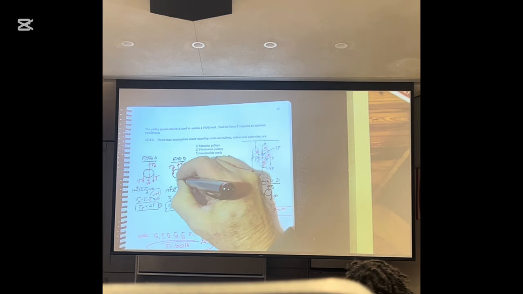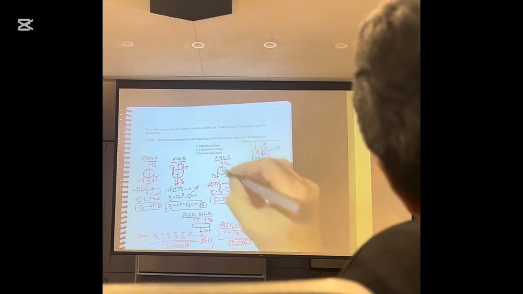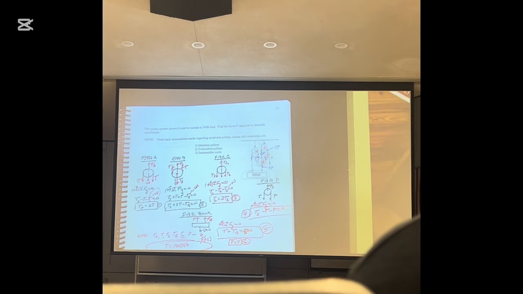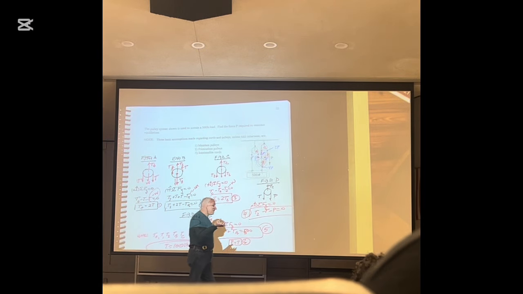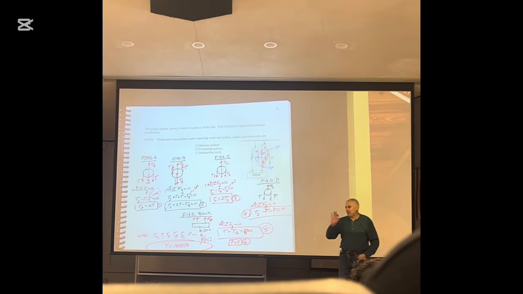If I have a weight here, I'd add minus W here. If I had a weight here, I'd add a minus W there. So that's how I can take into account weight. And it's not so easy to do the P method when you got weights. When you don't have weights, it's a piece of cake.